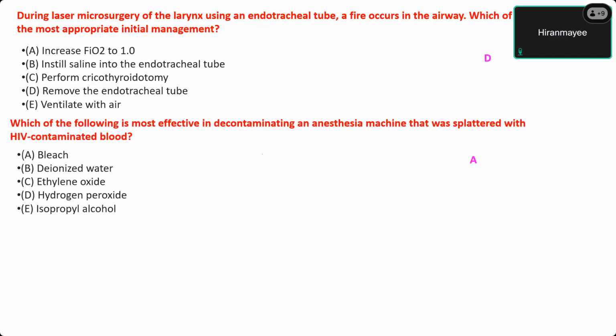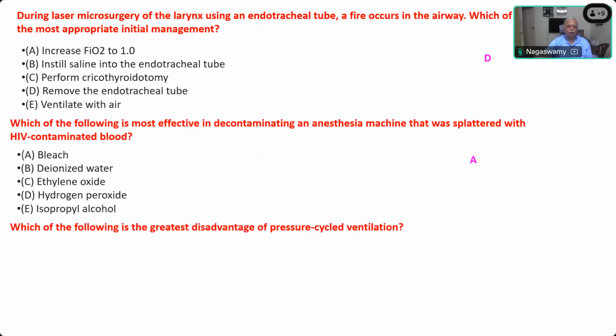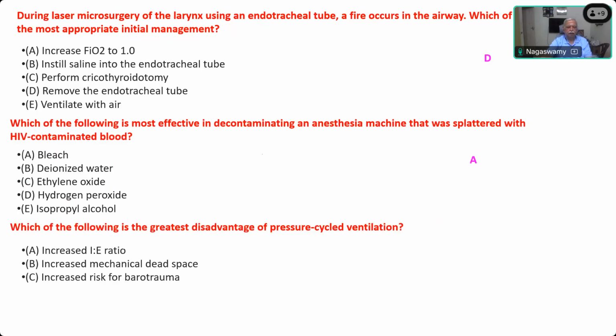ETO, sir. It is A, bleach. Okay, bleach is the most important. Which of the following is the greatest disadvantage of pressure cycled ventilation? Increased IE ratio, increased mechanical dead space, increased risk of barotrauma, variable respiratory rate, variable tidal volumes.